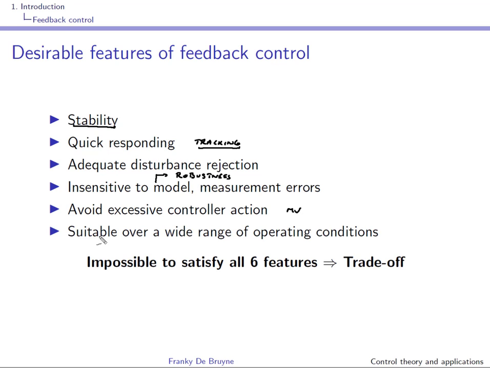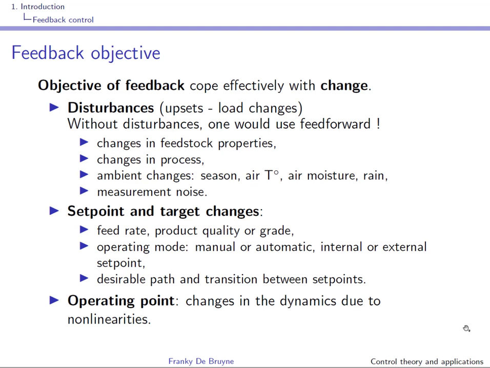And it is important, if the process is non-linear, that you meet these performance indices over a wide range of operating conditions. In practice, it is in most cases impossible to satisfy all 6 features, so you have to look for a trade-off.